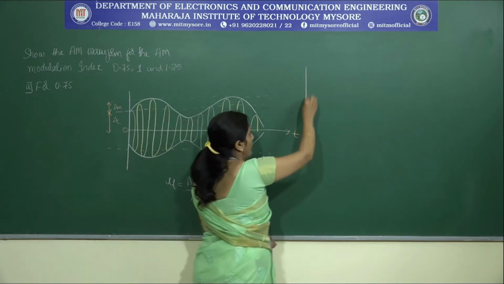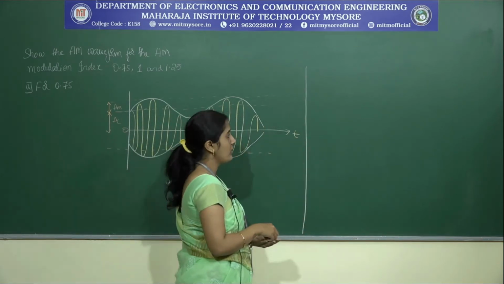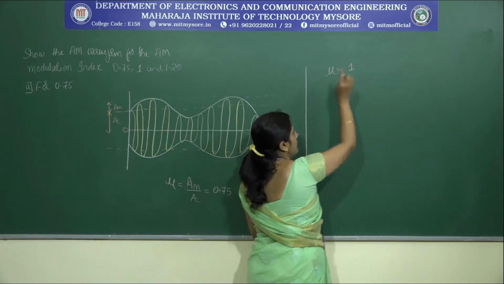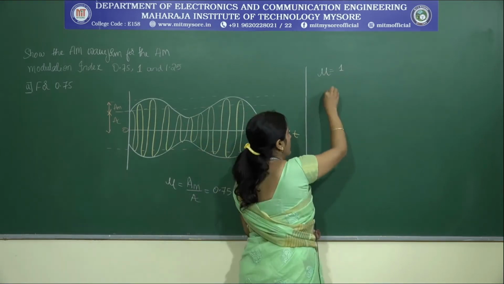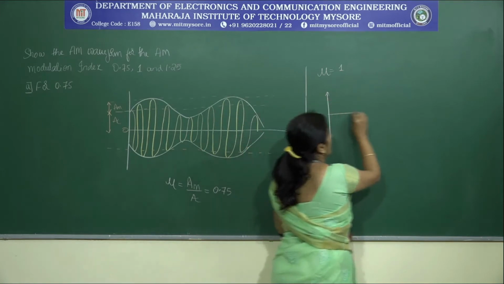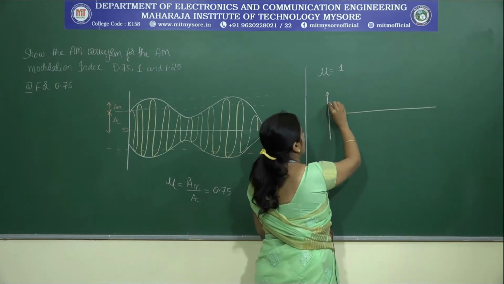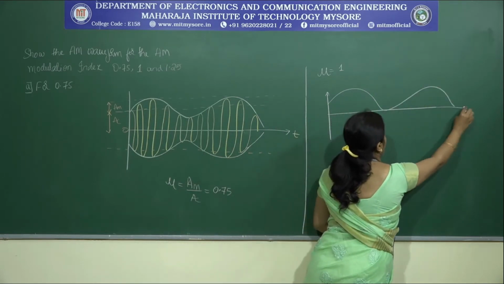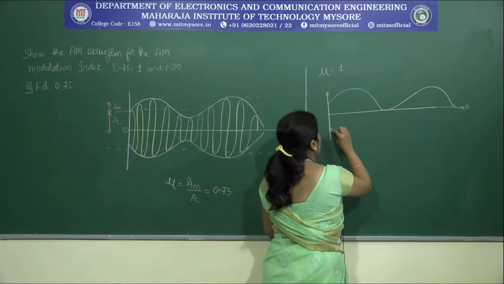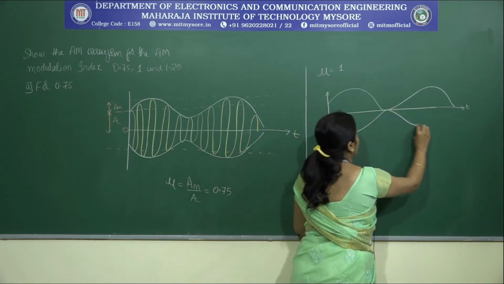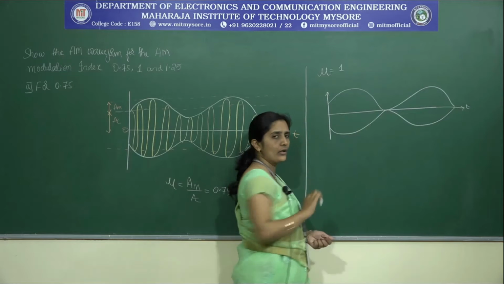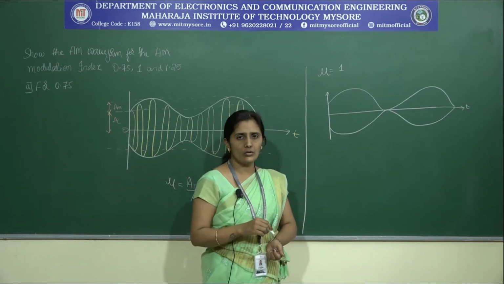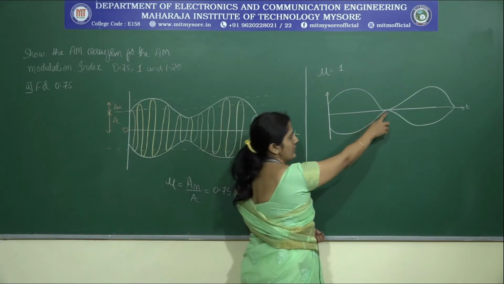Let us see when the modulation index is equal to 1. So the second case is modulation index equal to 1. For this the waveform, okay, this is our T. Why does this cross 0 here? We all know that for the modulation index equal to 1, the waveform will touch 0.